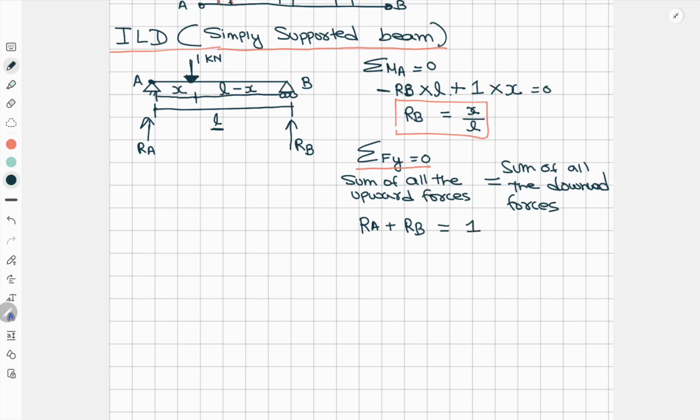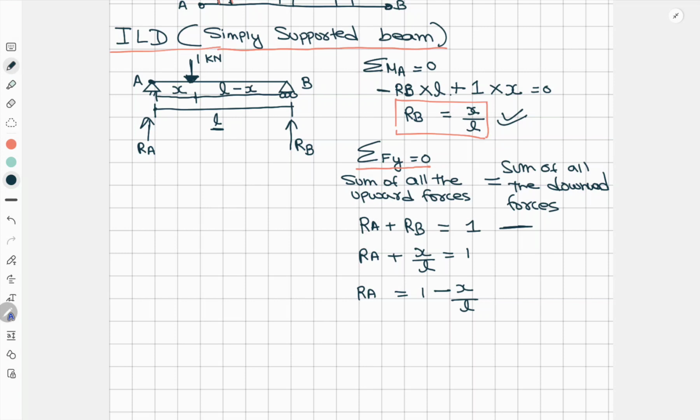Now we have a value for RB, so we just need to put the value of RB in this equation. Okay, so RA plus x by L is equal to 1. From this equation we can get the value of RA. RA is equal to 1, and if it goes to that side, then it will be minus x by L, right?